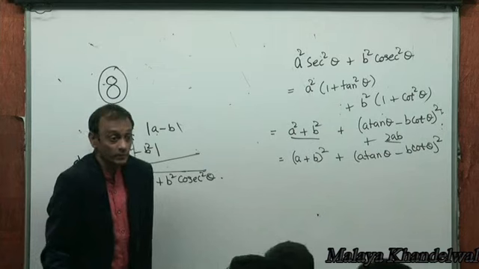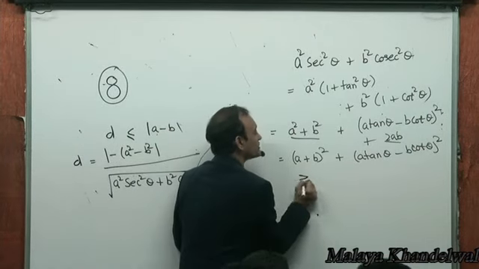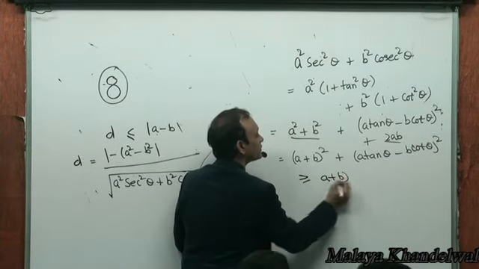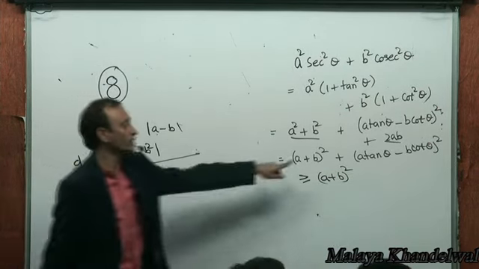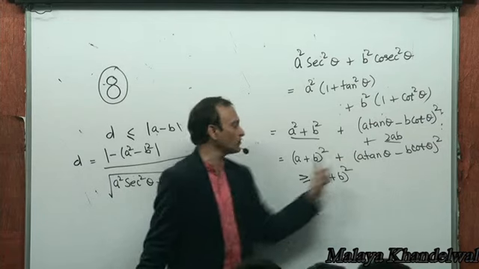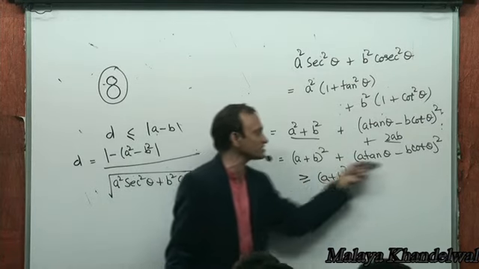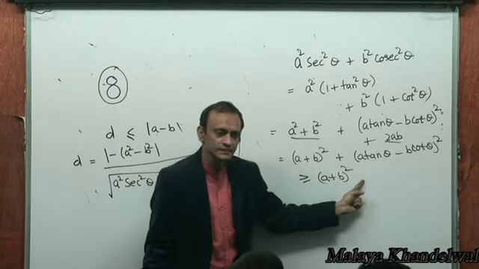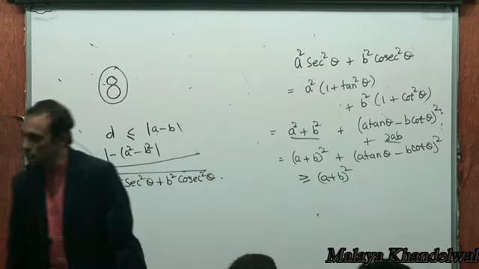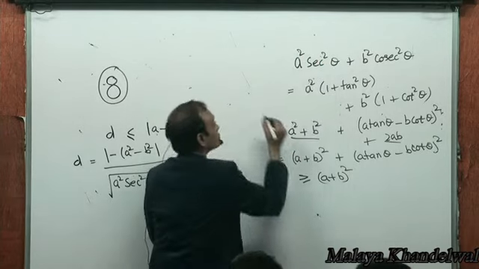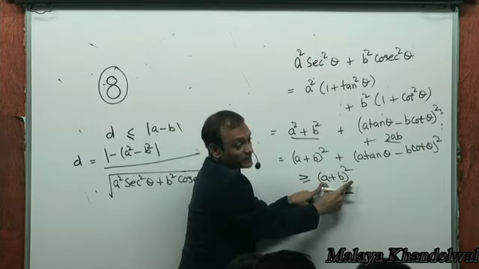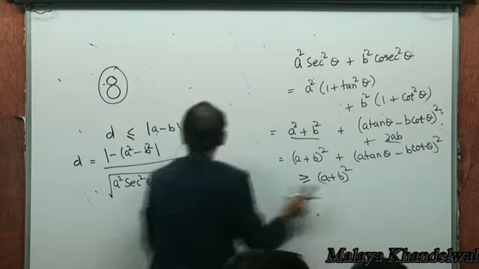For any given theta, do you realize this will always be greater than or equal to (a plus b) whole square? Because this is non-negative, it can never be negative. Yes or no? That means the square root of this will always be greater than or equal to mod of a plus b, right?